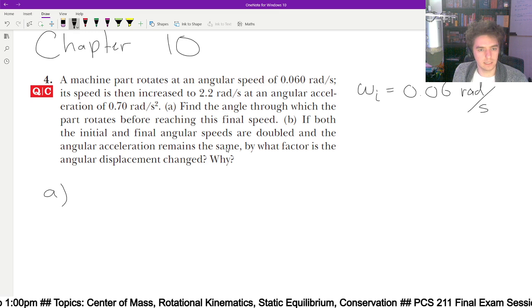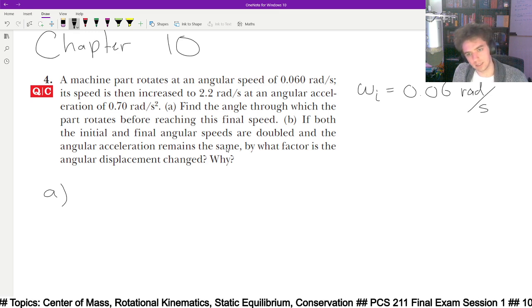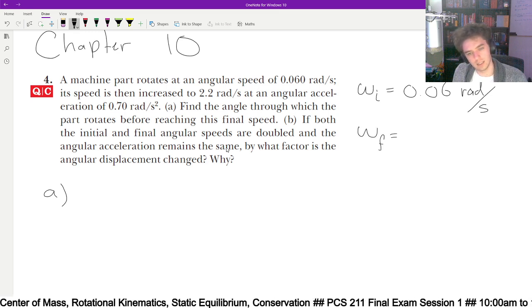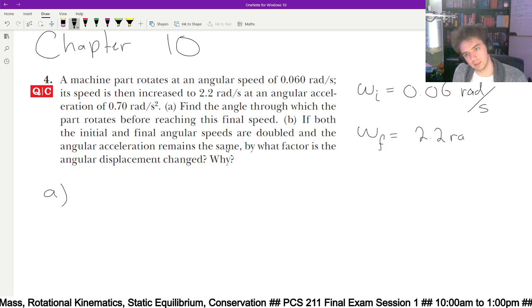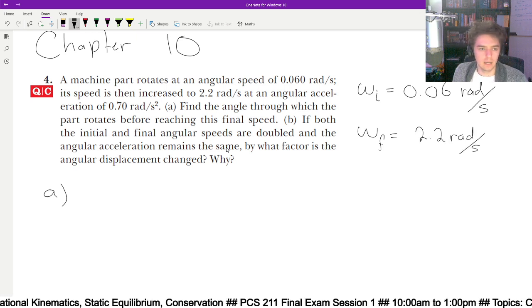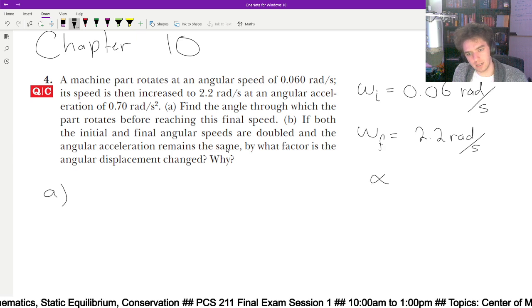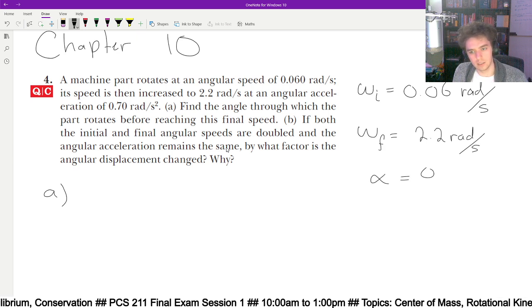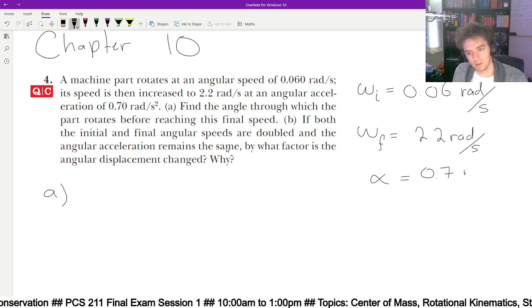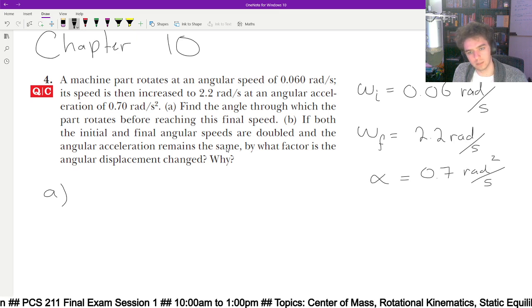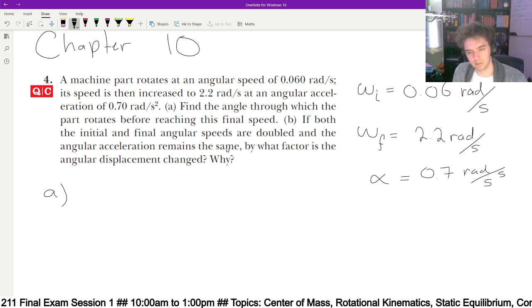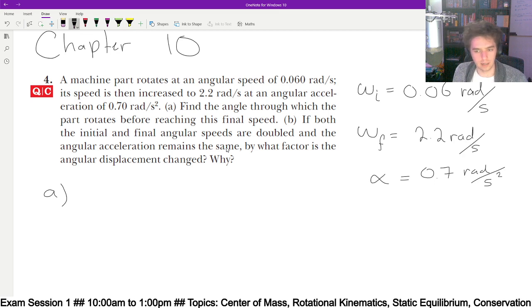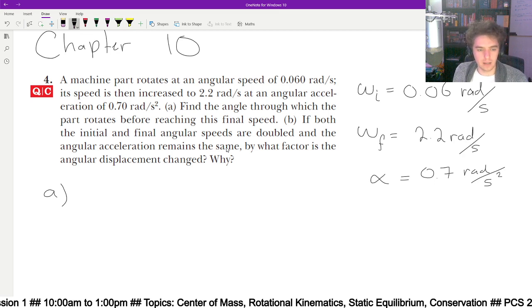Then its speed is increased to 2.2 radians per second, so omega final is 2.2 radians per second. And its angular acceleration, alpha, is 0.7 radians per second squared. And we're looking for delta theta.